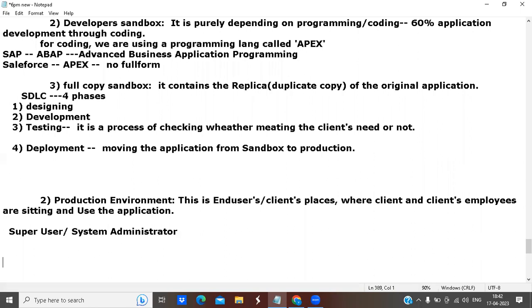So comparatively, if you get a job as a developer, definitely I can say there is a minimum 20 to 25% salary variation between developer and administrator. I can say a developer gets more salary than a system administrator.